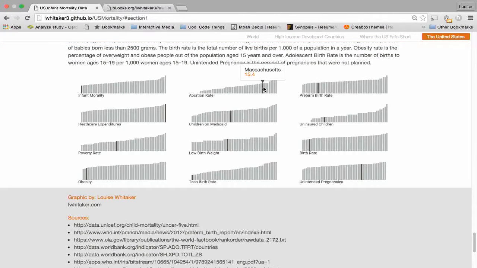So just kind of looking at different factors and seeing that while there was no direct cause, we can see lots of different issues that create that. And then Massachusetts, which had a higher abortion rate, for example, lower obesity rates. They have the lowest teen birth rate in the United States out of all of the states. And so they're looking at that.